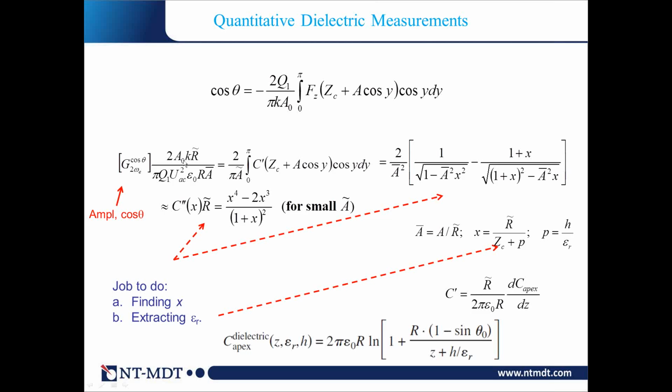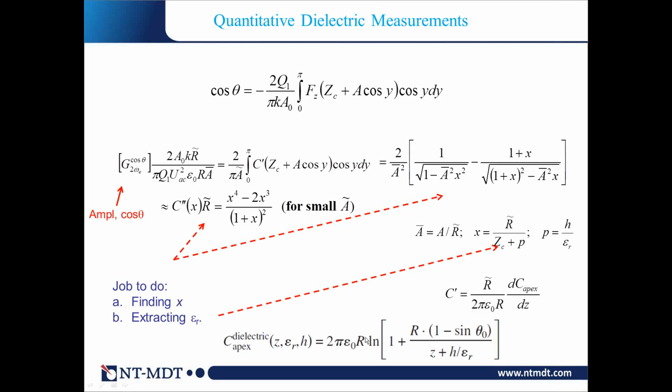And Sergey, again, made a lot of effort to get the proper analytical equation for the 2 omega electric response, and how it's related to the parameters of the cantilever and the parameters of the samples.